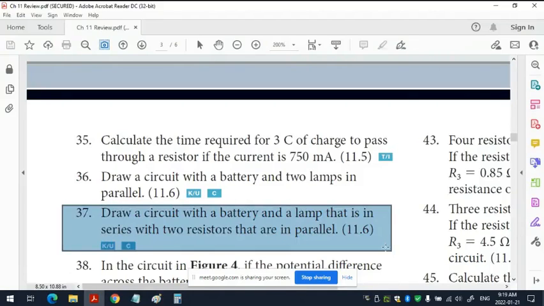Forget the lamp. Sorry. Instead of a lamp, just make it a resistor. Draw a circuit with a battery and a resistor in series with two resistors that are in parallel. So you need three resistors, one in series with two that are in parallel.